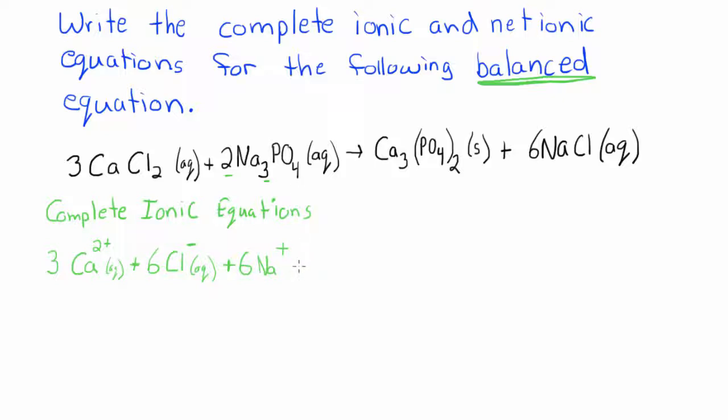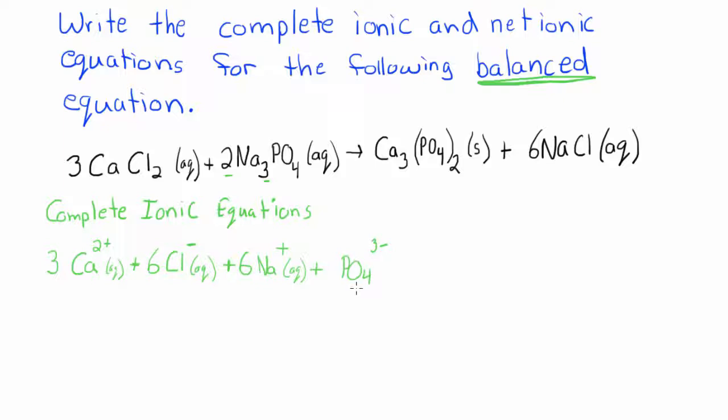Okay, and then what about the phosphate? So the phosphate is interesting. It's a polyatomic ion. That means, remember, polyatomic ions stay together. So the PO4, that stays together. It's not going to break apart. That's the ion, PO4 together. And it's got a 3- charge.